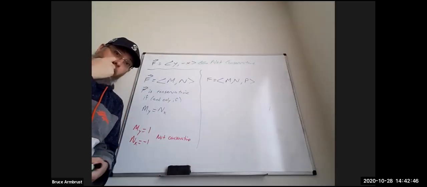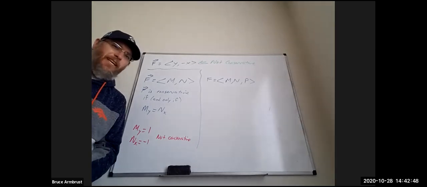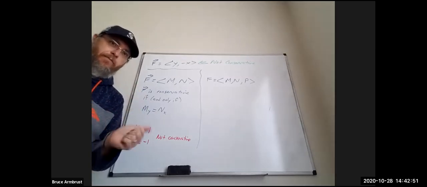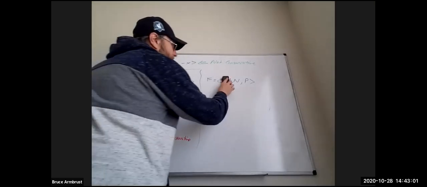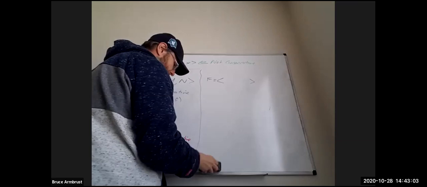Let me just real quick look at the book, see what letters they use, because if they use something different, I want to match them. All right, so give me just one sec. Yeah, they do use different letters.